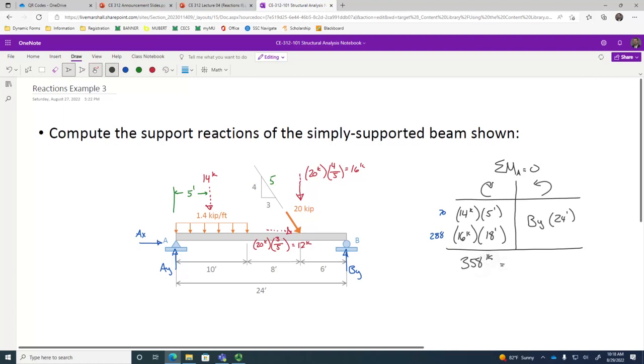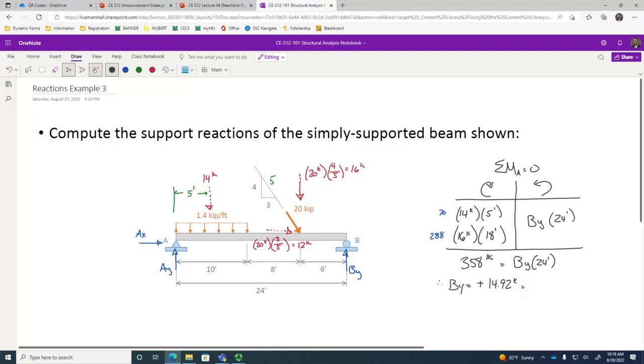Foot kips, again, that's my little shorthand for that, equals BY times 24. And so BY is going to be positive. I don't think I'm that good. We'll say 2 decimal places. What are we getting for that? 14.92. Do I have a second? Yeah. All right, so 14.92 kips.